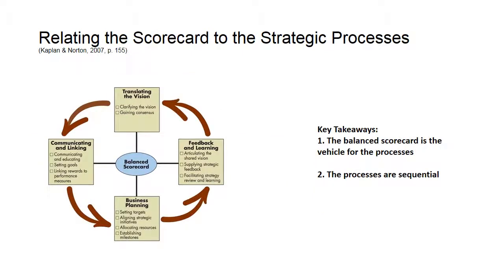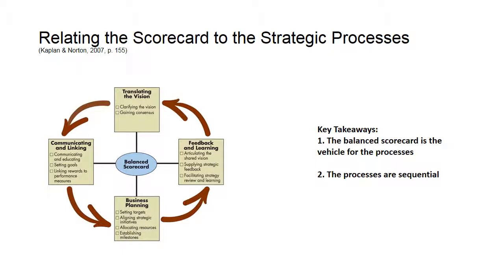You saw this chart within the article as well. Well, what is this talking about? This is those four processes that we talked about: translating the vision, communicating and linking, business planning, and feedback and learning. These are the jobs that leaders in the organization, managers, are supposed to be doing.